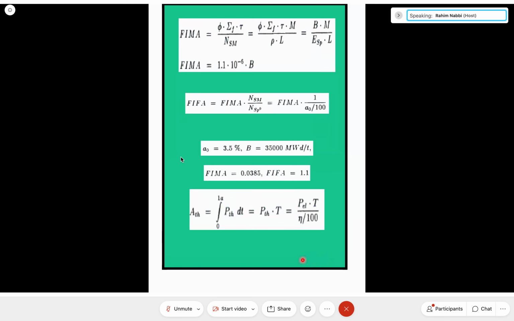You remember there was another unit for fuel consumption. Here, the other unit is fission per initial metal atom. Metal atom means, in this case, heavy metals. Heavy metals consist of all fissionable and non-fissionable fertile material.